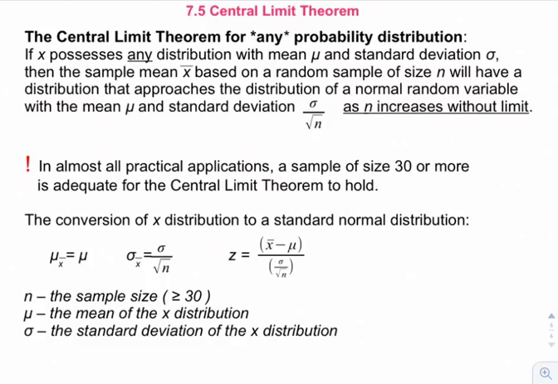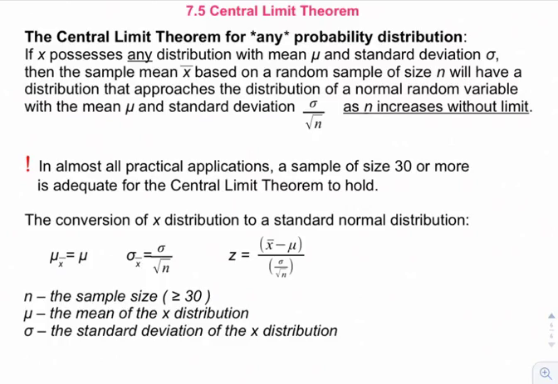If X possesses any distribution with mean mu and standard deviation sigma, then the sample mean X bar based on a random sample of size n will have a distribution that approaches the distribution of a normal random variable with mean mu and standard deviation sigma divided by radical n, as n increases without limit.